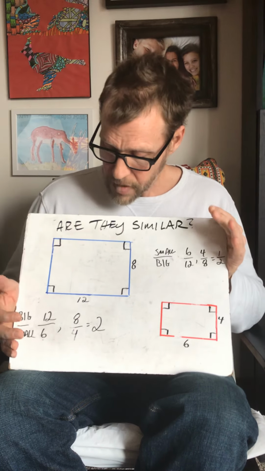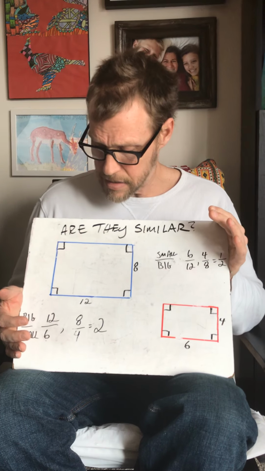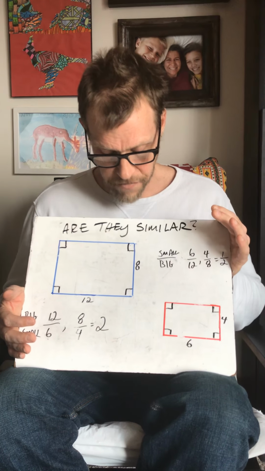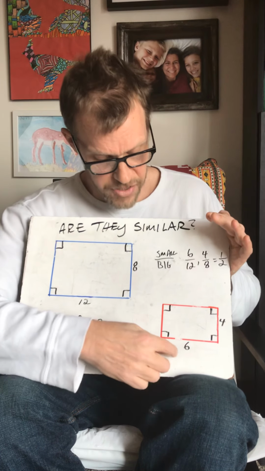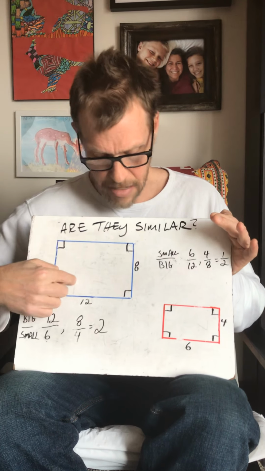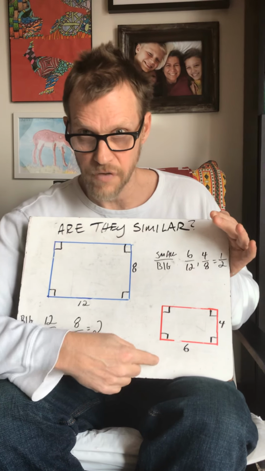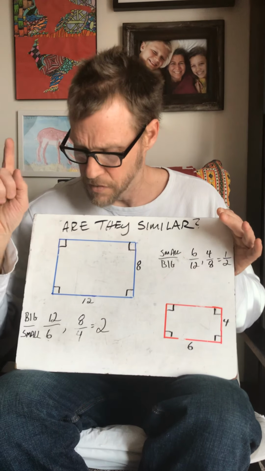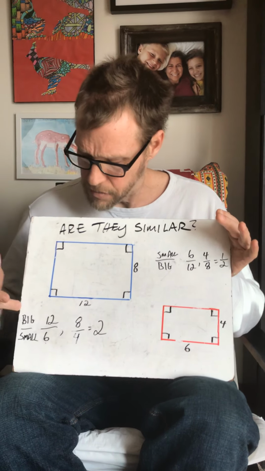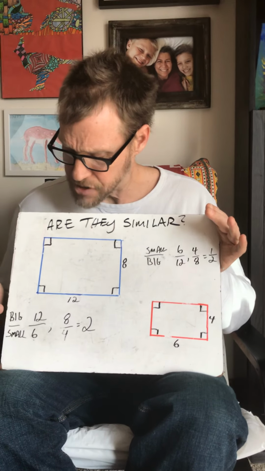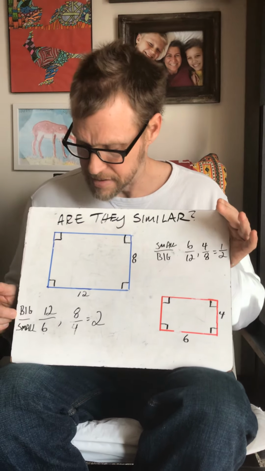Say I want to know the scale factor to go from small to big. Remember, it's new over old. All I do is write a fraction of the ratios of my sides.